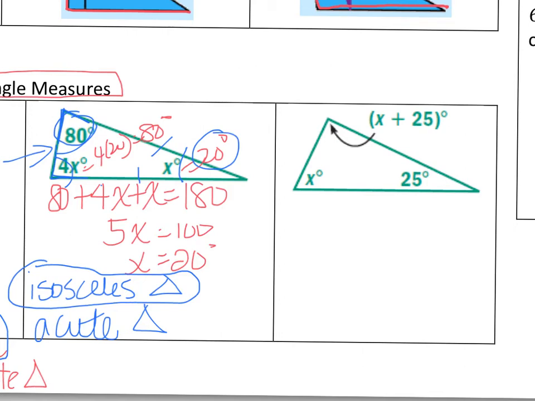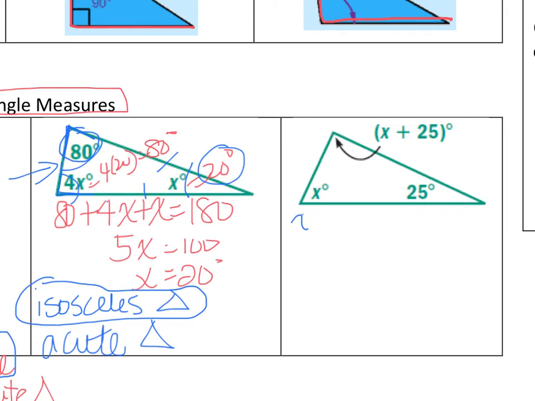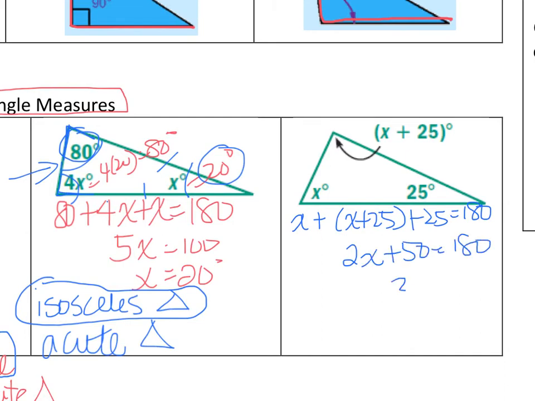And now we have the third one, x plus x plus 25 plus 25 equals 180. Okay, so 2x plus 50 equals 180. Subtract 50, 2x equals 130, so x is 65 degrees.